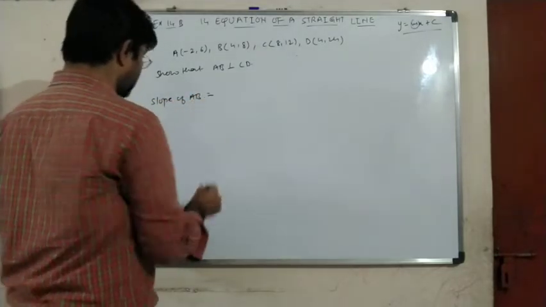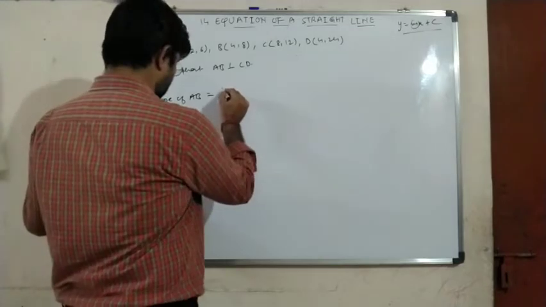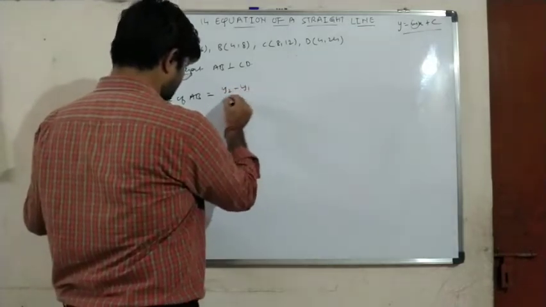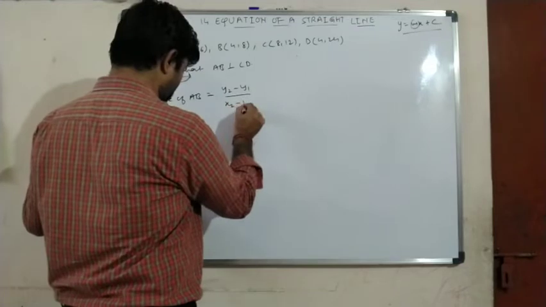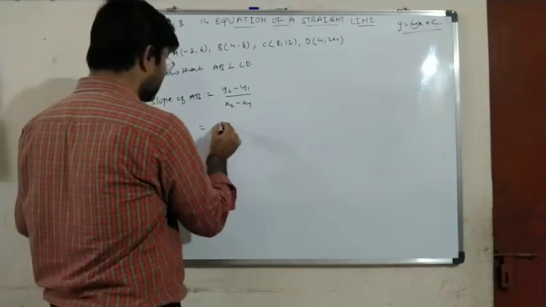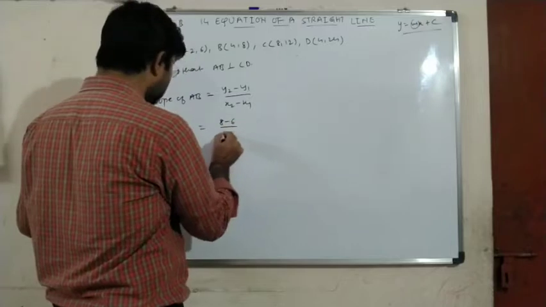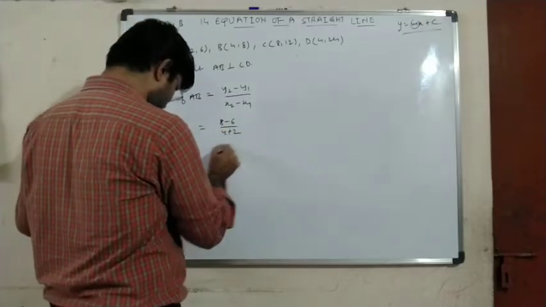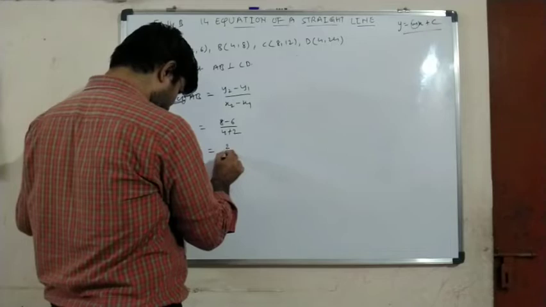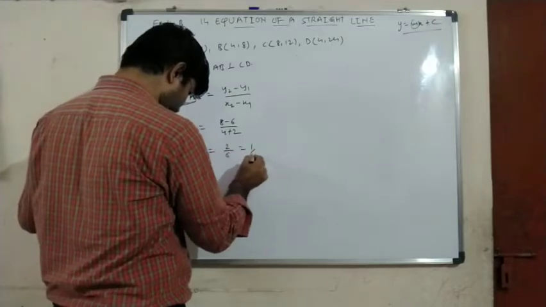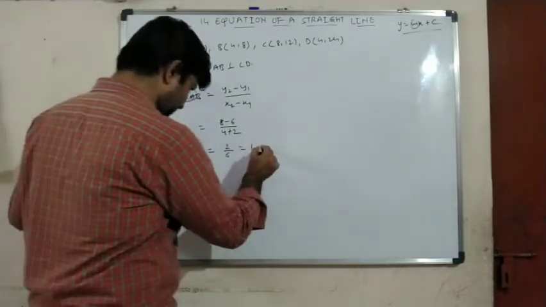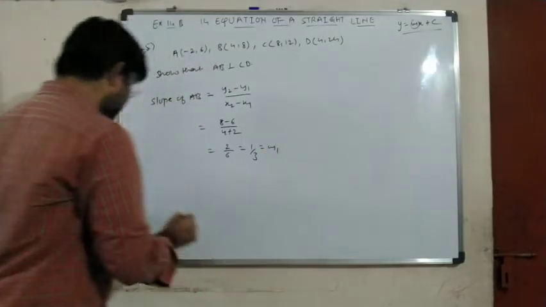Slope of AB is equal to (y2 minus y1) upon (x2 minus x1), which is (8 minus 6) upon (4 plus 2), 2 by 6, which is equal to 1 upon 3. Say this is M1.